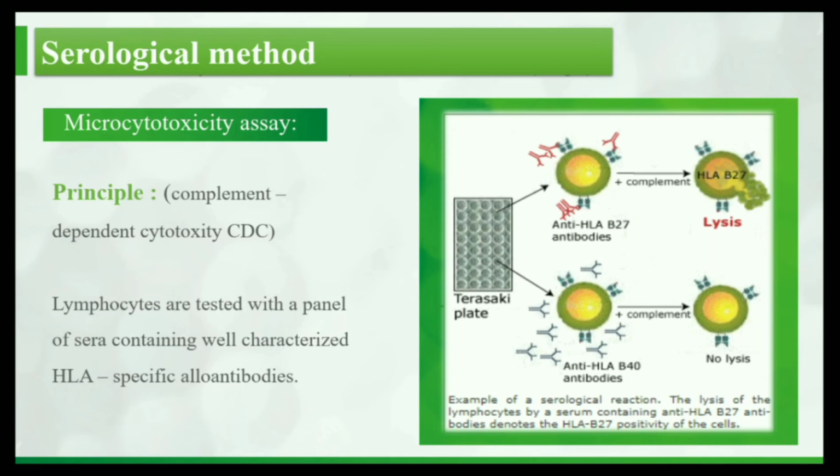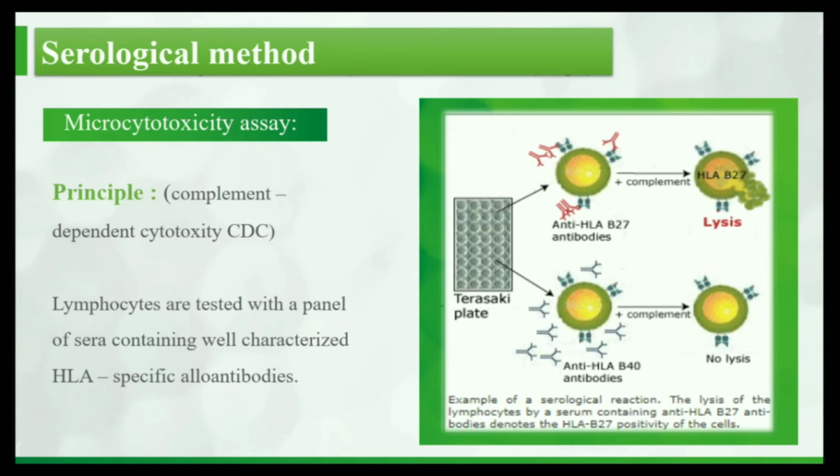We need to prepare the complement and T and B lymphocytes according to which type and which class of HLA we need to type, and the result of this method is lysis, if the cells are lysed.